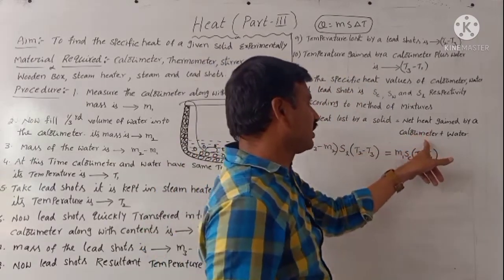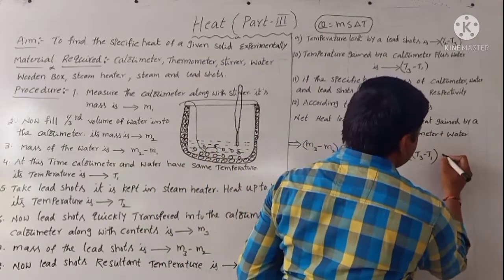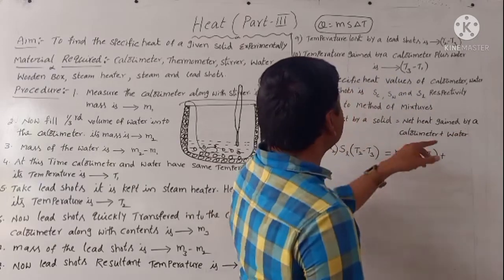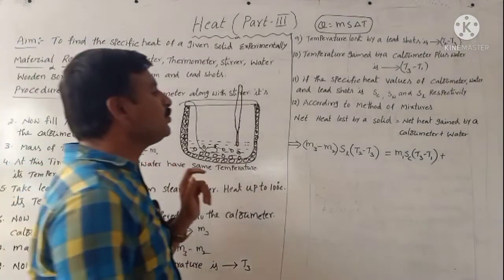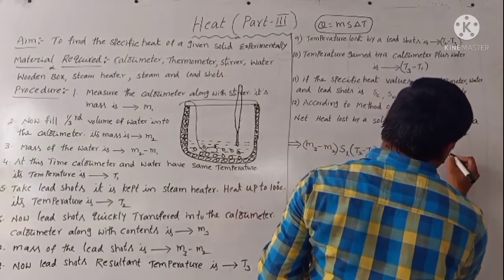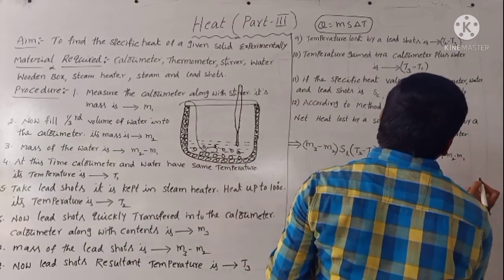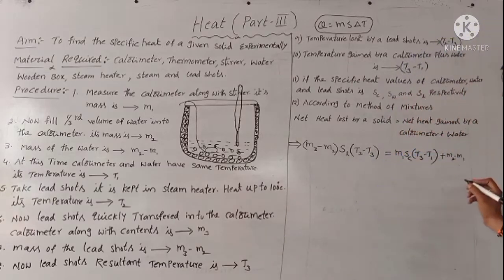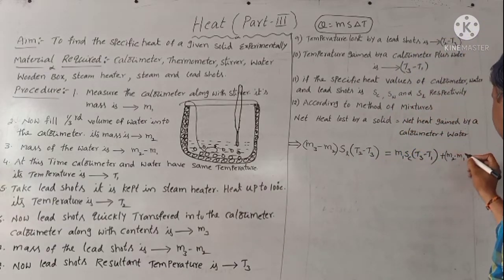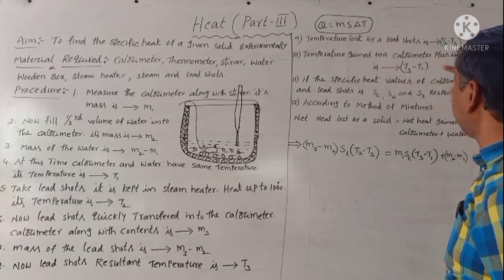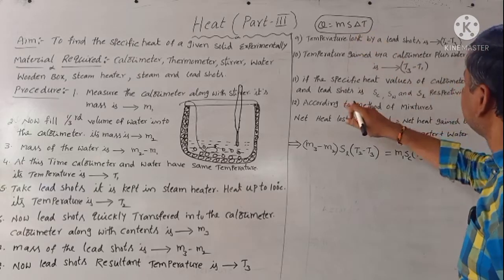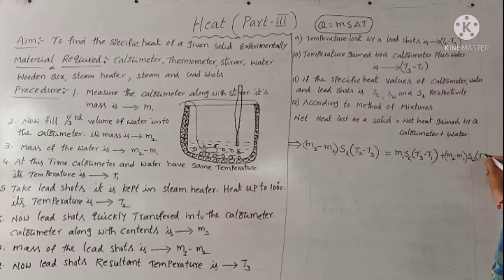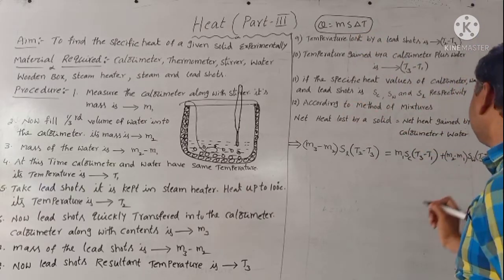After that, plus water. What is the mass of water? M2 minus M1. Next, the specific heat of water is SW. After that, delta T is again T3 minus T1.